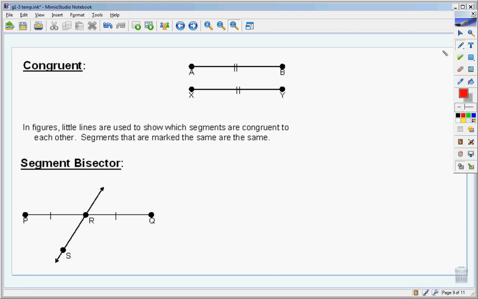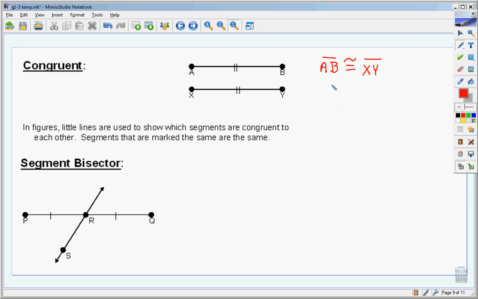Symbolically, this would look like this. Segment AB, the congruent symbol is an equal sign with a little squiggly line over the top, and it would be congruent to segment XY.